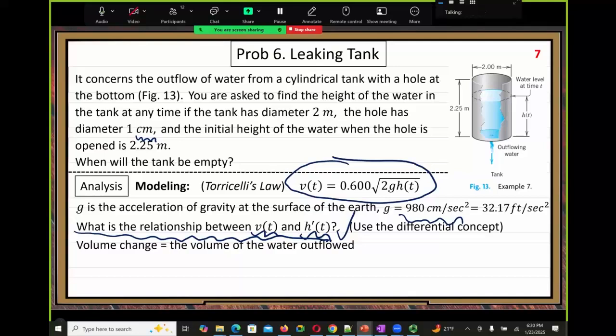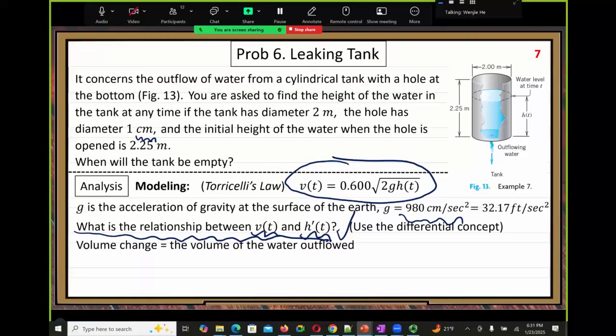The volume of water inside the tank, the change amount, you take the difference. For example, think about T1 and T2. At T1 you have one volume, at T2 you have another volume, and you take the difference. That's the volume change.